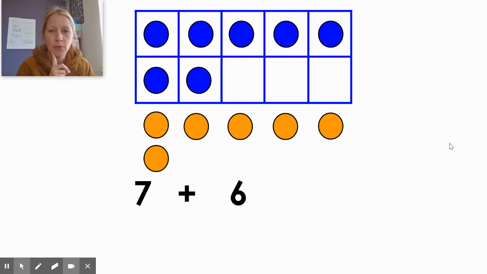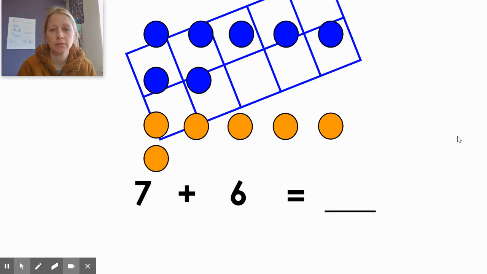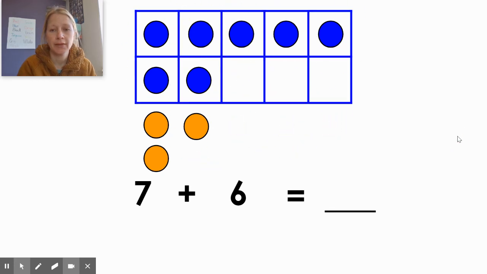If I wanted to add it quickly, I want to make my 7 the number 10. So let's go ahead and fill in our 10 frame with our ones, right? So I put 3 of my ones into the 10 frame to make one group of 10.